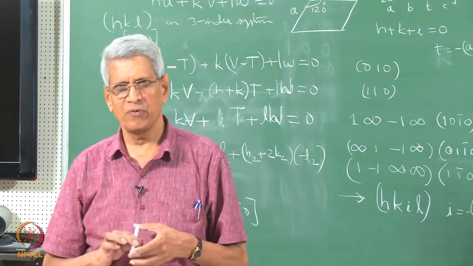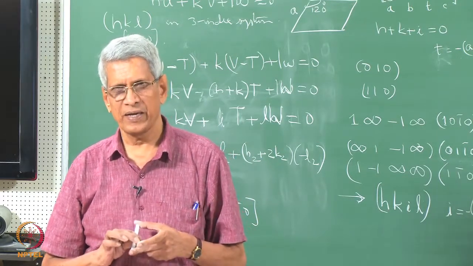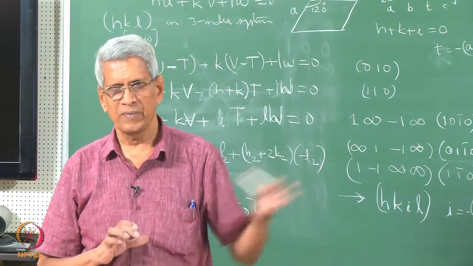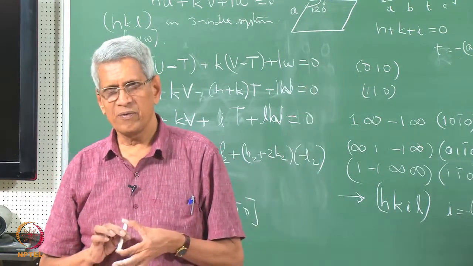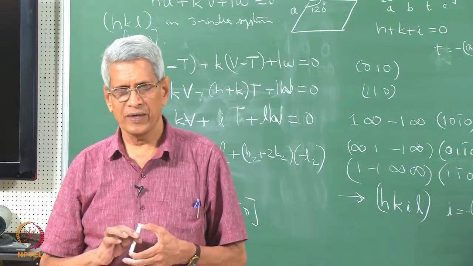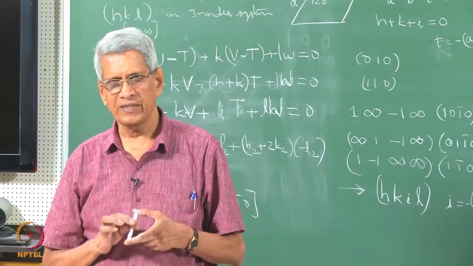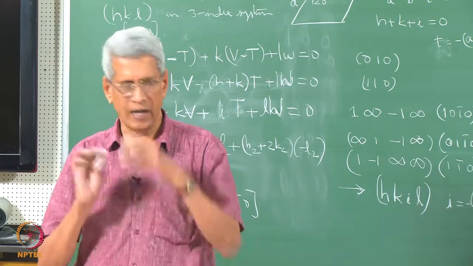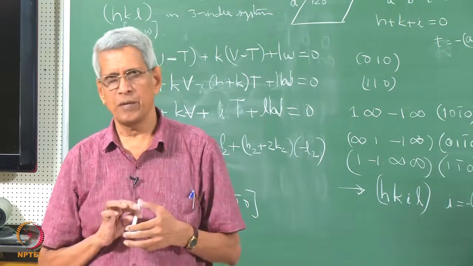When we have to represent those structures, what type of indices do we use? Sometimes we use trigonal itself, and in some cases it can be indices in terms of hexagonal lattices. These are all the ways in which it can be done.